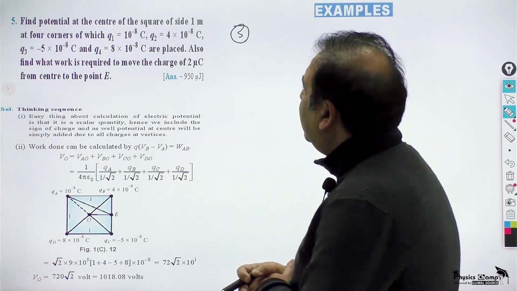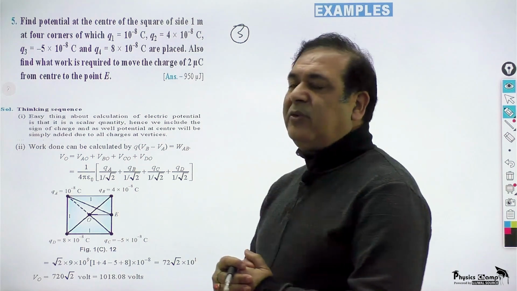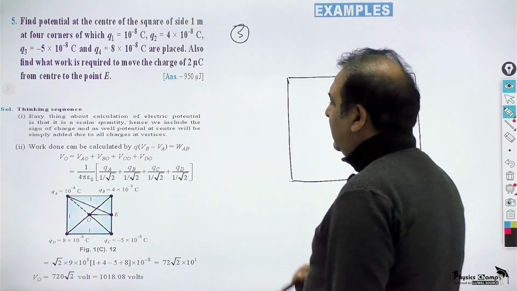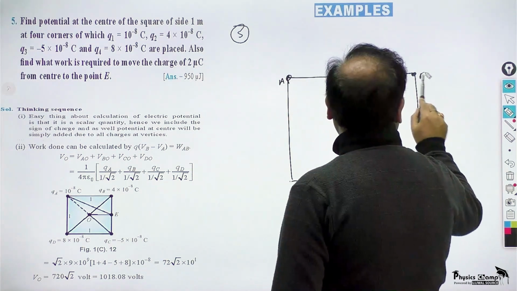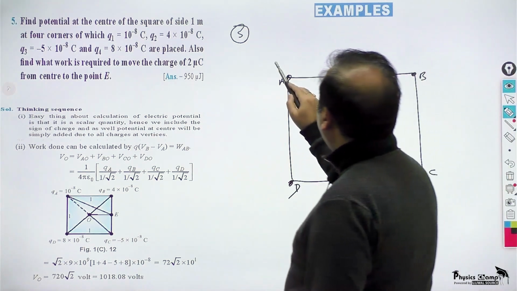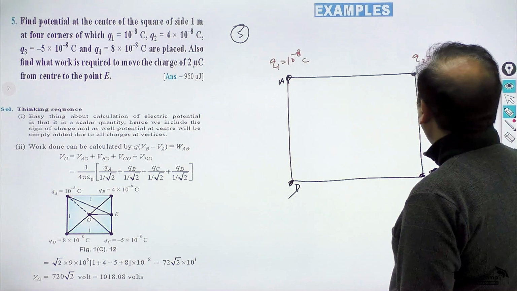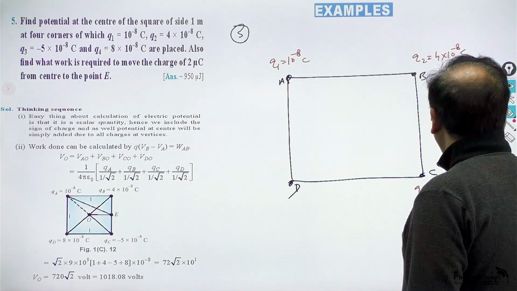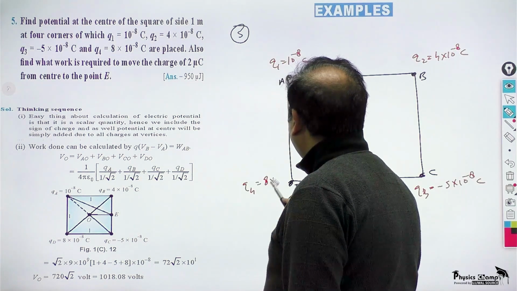Find the potential at the center of a square of side 1 meter, at 4 corners of which you have charges. So you have a square provided here. The charges at four corners A, B, C and D are Q1 10 to the power minus 8 coulomb, Q2 4 into 10 to the power minus 8 coulomb, Q3 minus 5 into 10 to the power minus 8 coulomb, and Q4 8 into 10 to the power minus 8 coulomb.